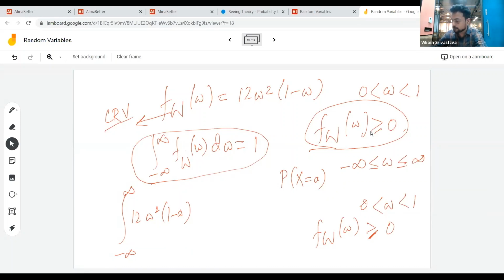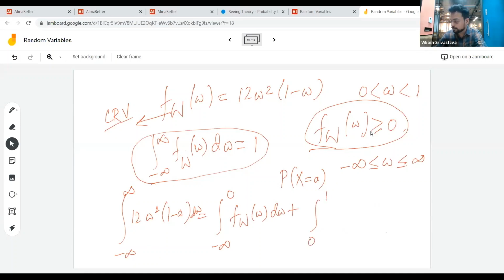This can be written as the integral from minus infinity to 0, dw of course, I'll not write it, plus the integral from 0 to 1 of f of w dw, plus the integral from 1 to infinity of f of w dw.